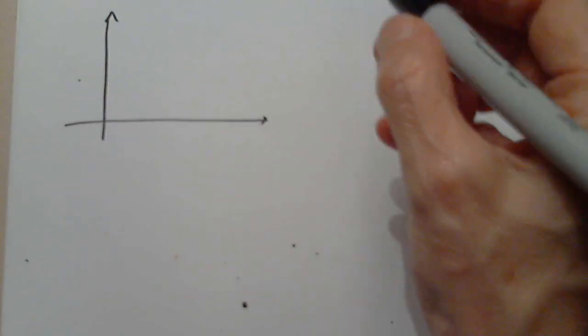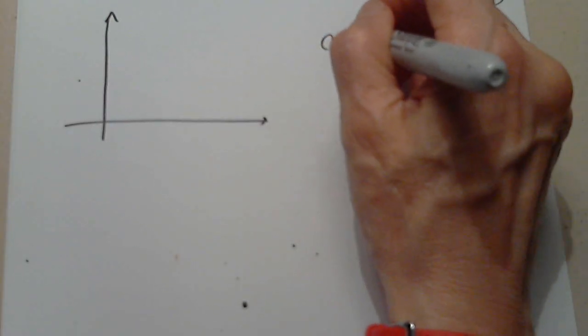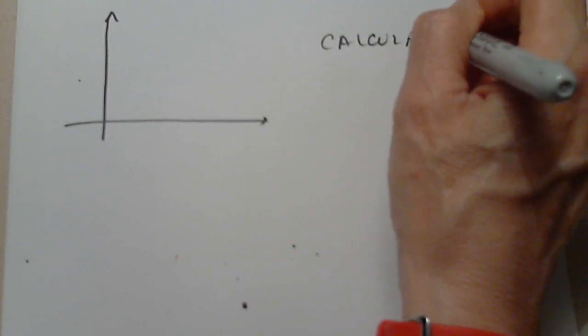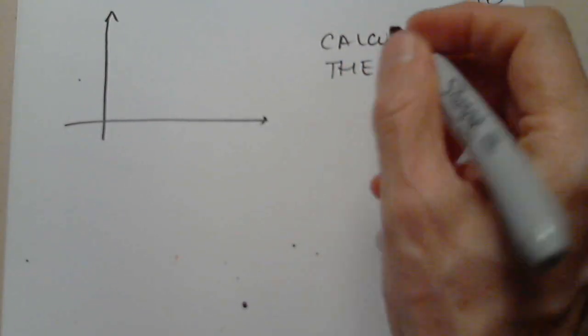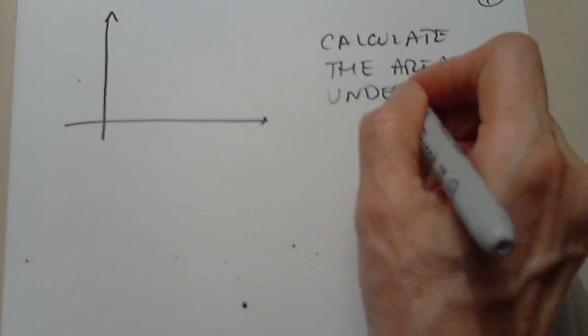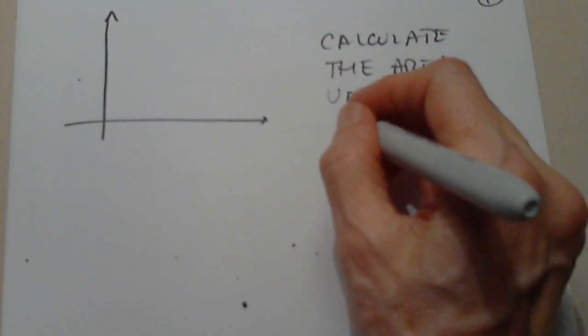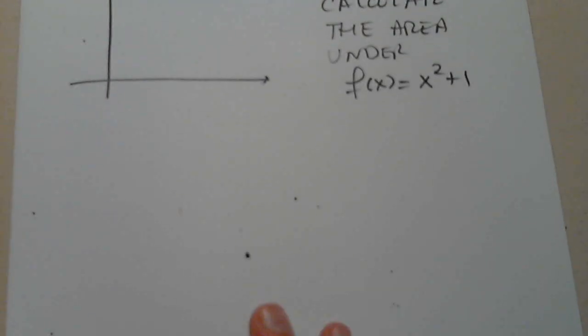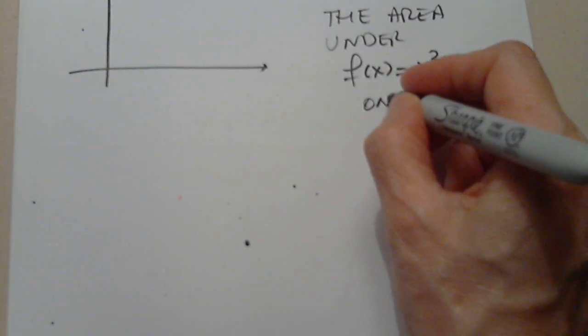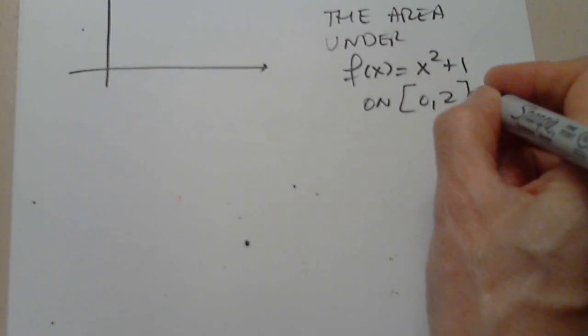Last time we stopped at the following example, where I was saying, calculate the area under, and I chose a very simple example, f of x equals x squared plus 1 on the interval 0, 2.